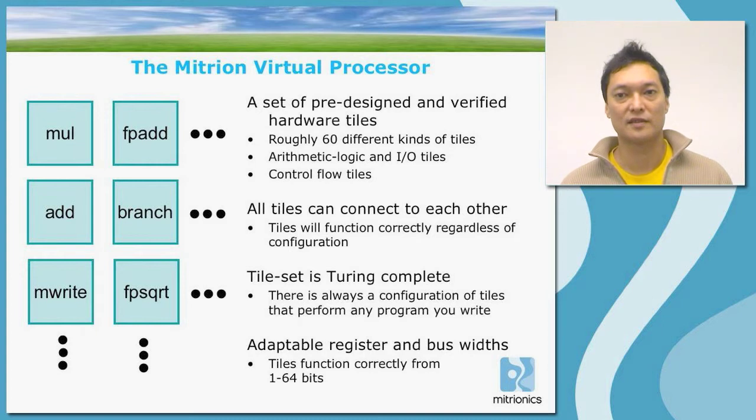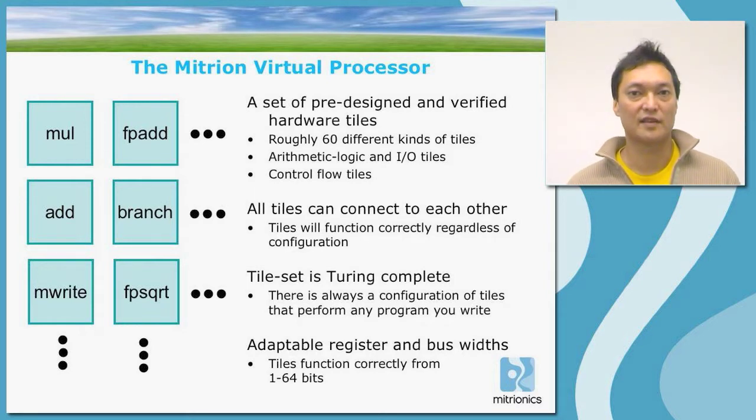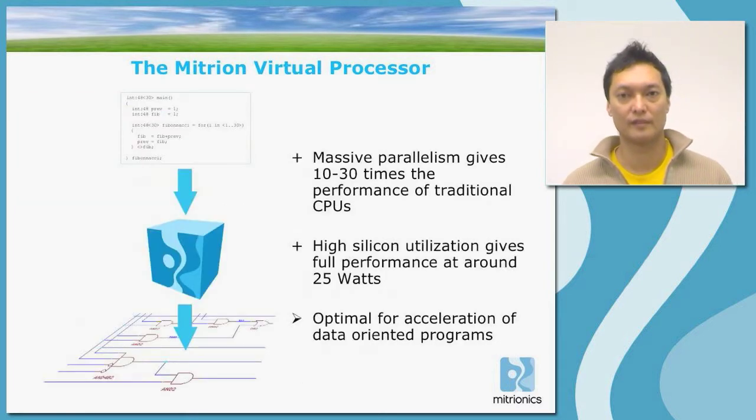Each tile also has adaptable register and bus widths between 1 and 64 bits. So each tile exists in, you could say, 64 different versions, depending on the bus width you want into each tile. So the Mitrion Virtual Processor is essentially the tile set and the way these tiles interact with each other.